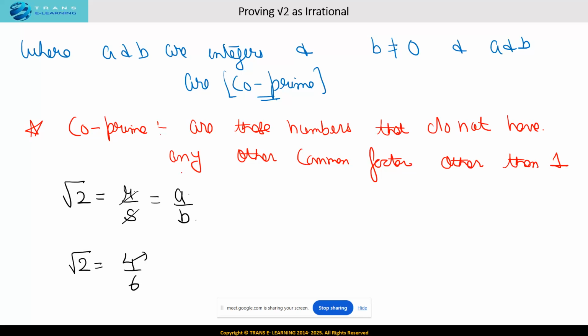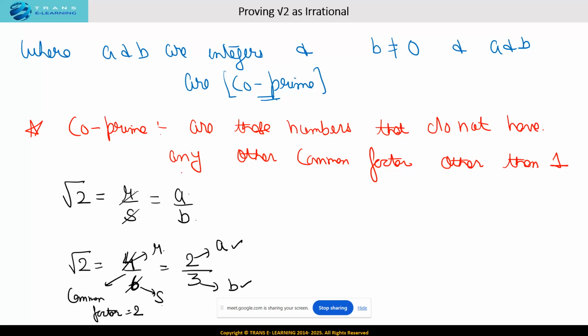Here 4 is r and 6 is s. They have common factor 2. If I divide 4 by 2, I get 2. If I divide 6 by 2, I get 3. Now this 2 is a and this 3 is b. a and b are co-prime because they don't have any other common factor, while r and s had the common factor 2.